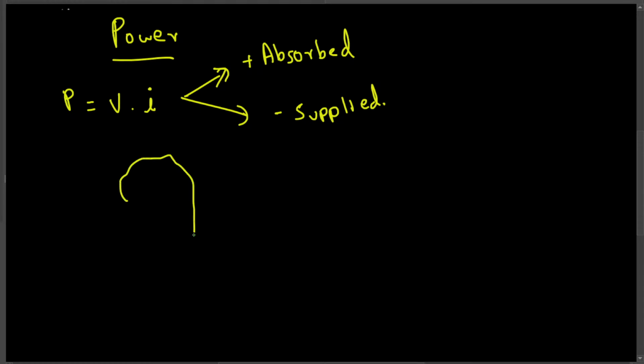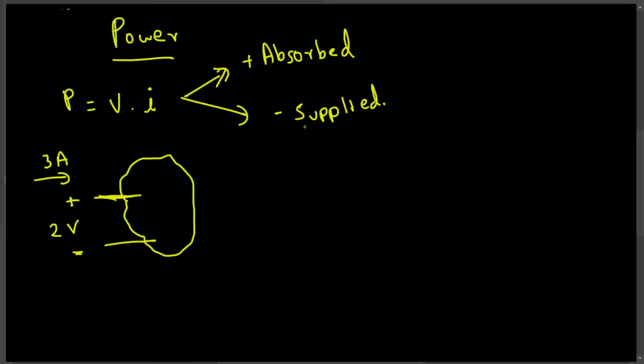Now let's look at some examples. Let's say we have something like this, and here we have this one contains 2 voltage. This is plus, this is minus, and there is a 3 ampere current passing through this. So what is the difference between power supply, absorbed and supplied?